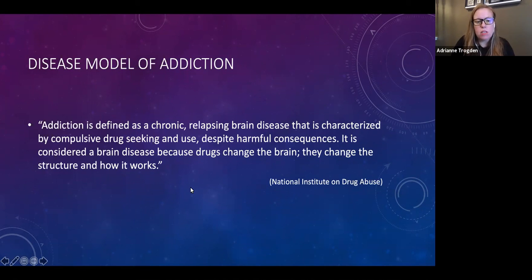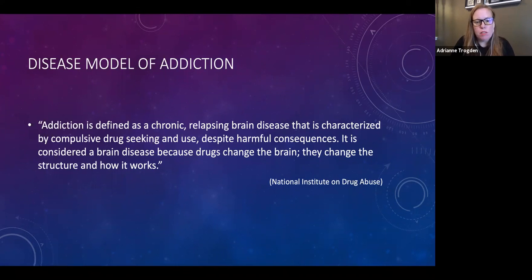It's considered a brain disease because the drugs that are used change the brain, its structure, and how it works. Even with process addictions, brain scans and research show it stimulates the same parts of the brain that substances stimulate in terms of the reward pathway.